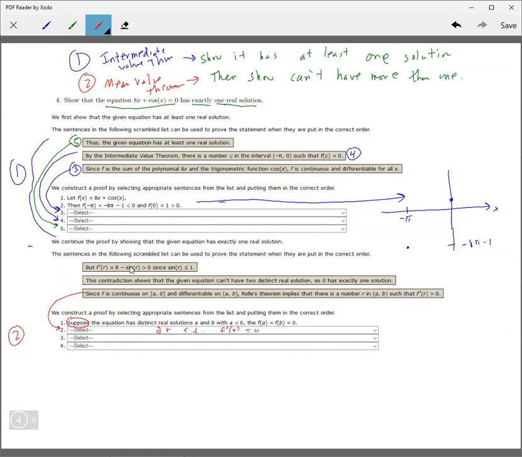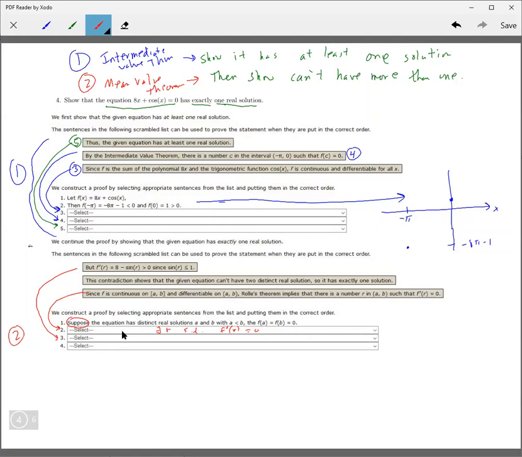But if you actually take the derivative, that will be in the third slot. The derivative of this is 8 minus sine r, right? And that's going to be greater than 0 because sine is always between -1 and 1, and this is 8, so this is going to be at least 7.